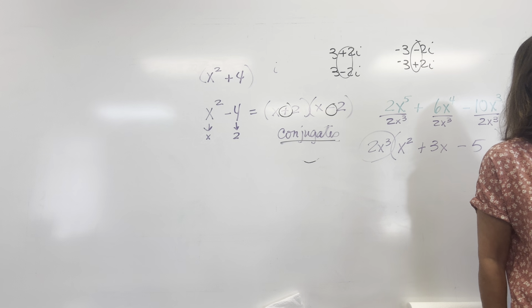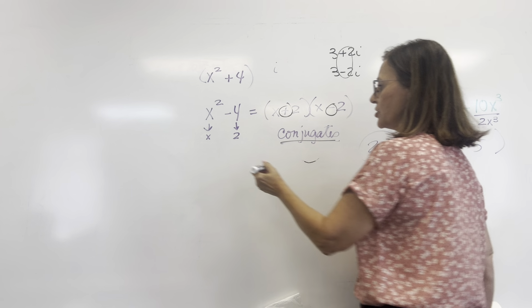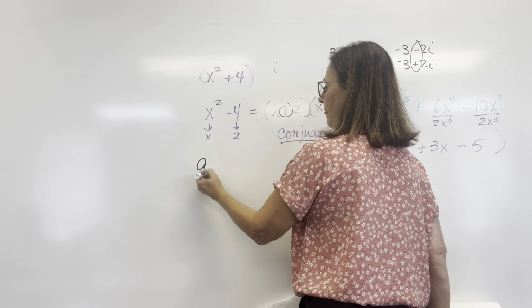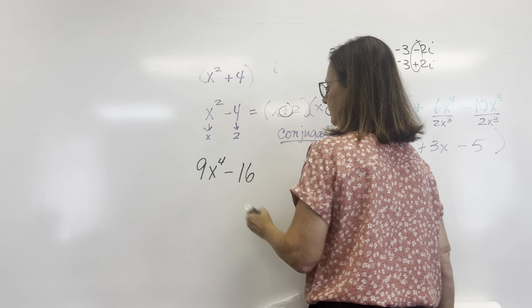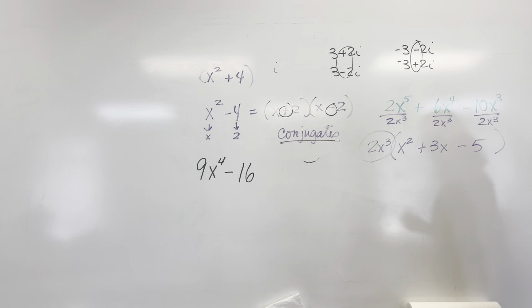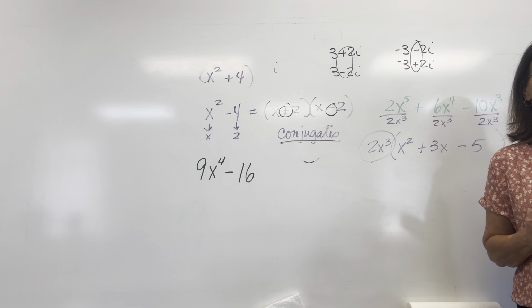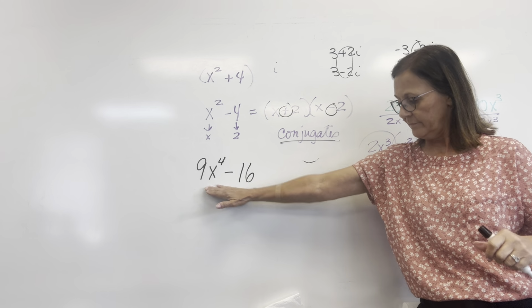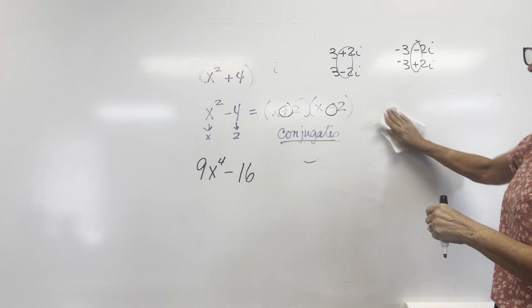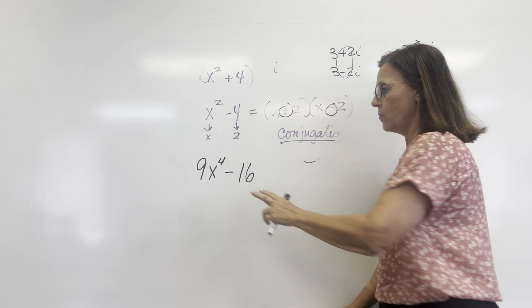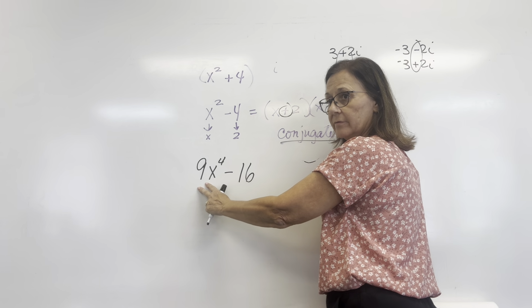Got it? So, if I had two perfect squares, are those two perfect squares? Right here. Yes. They are. What's the square root of 9x to the 4th? 3x squared.